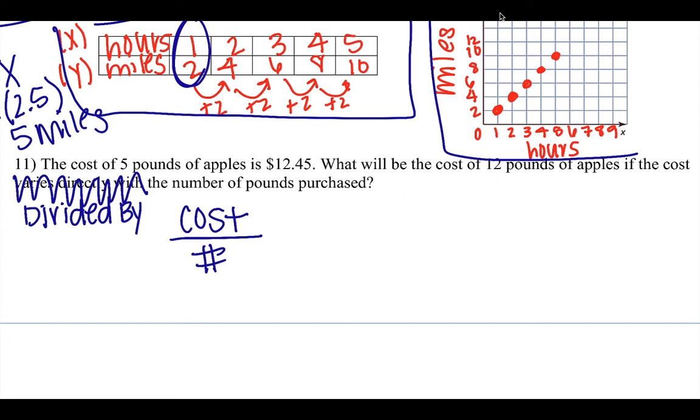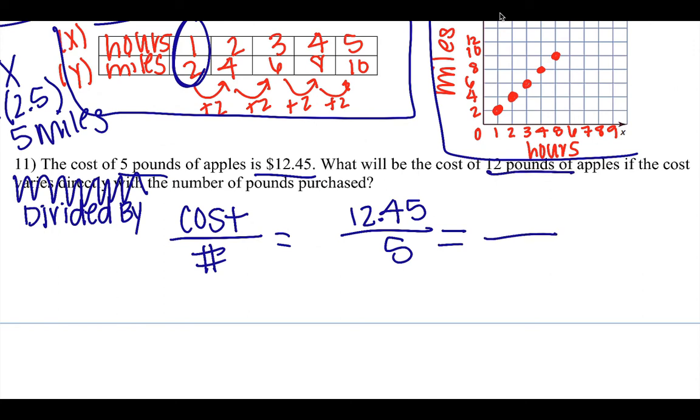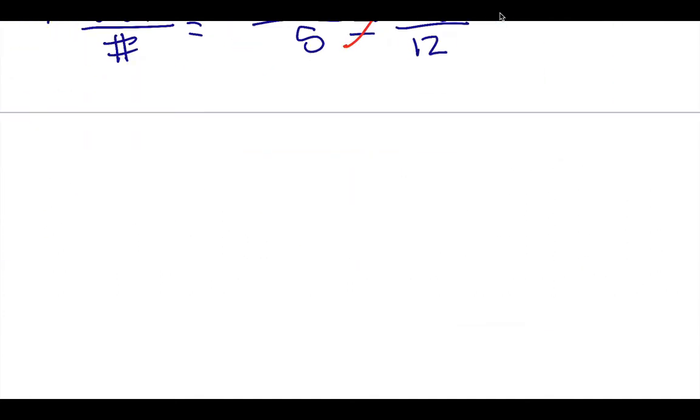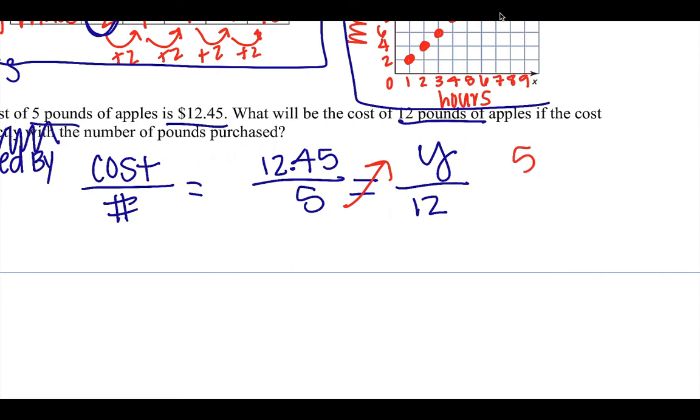Well, up here we had the cost was $12.45 for 5 pounds. And we want to know if I get 12 pounds, what will the cost be? So again, I'm going to cross multiply. And I get 5y equals 12 times 12.45.